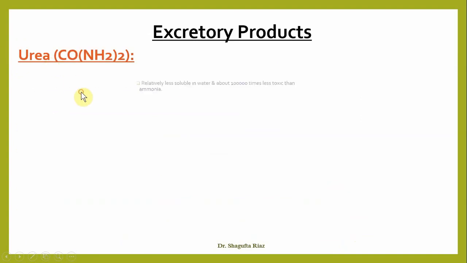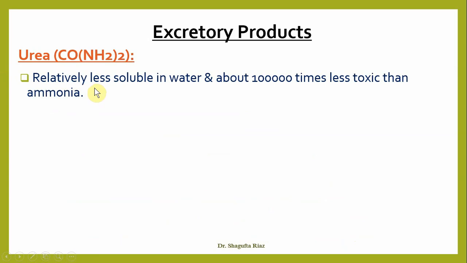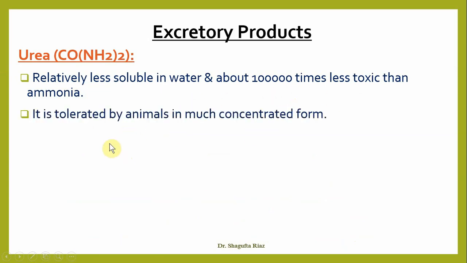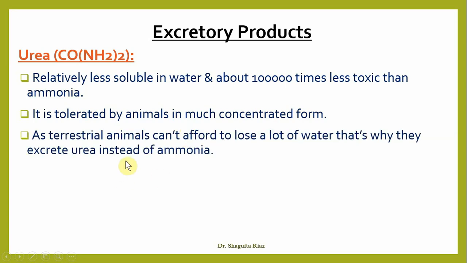Then urea. It is relatively less soluble in water and about 1 lakh times less toxic than ammonia. So it can be tolerated by animals in much more concentrated form. Terrestrial animals, or land animals, can't afford to lose a lot of water because they don't live in water.